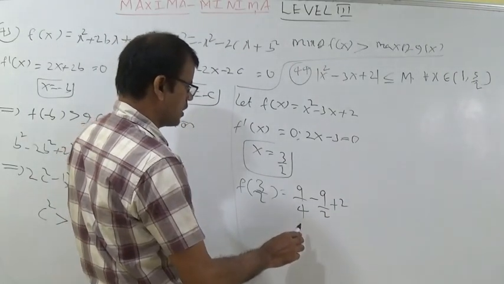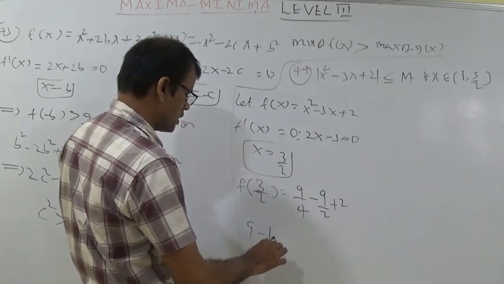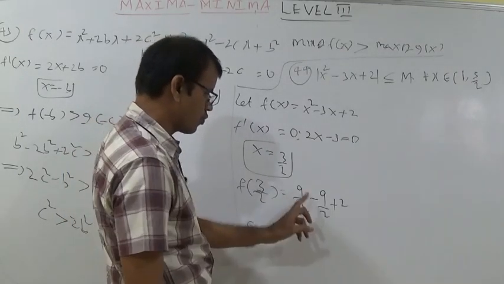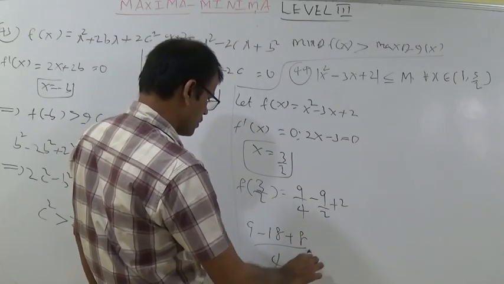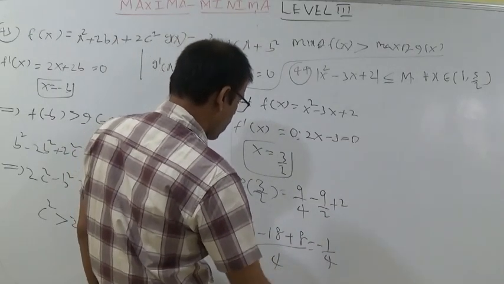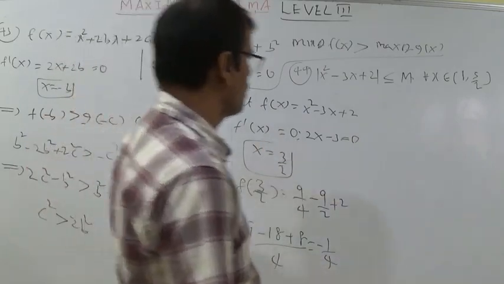Take an LCM of 4: 9 minus 18 plus 8 whole by 4, which is minus 1 by 4. Minus 1 by 4 is the minimum value we got.